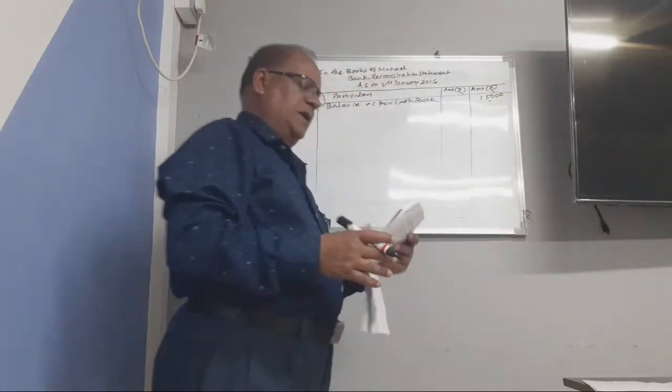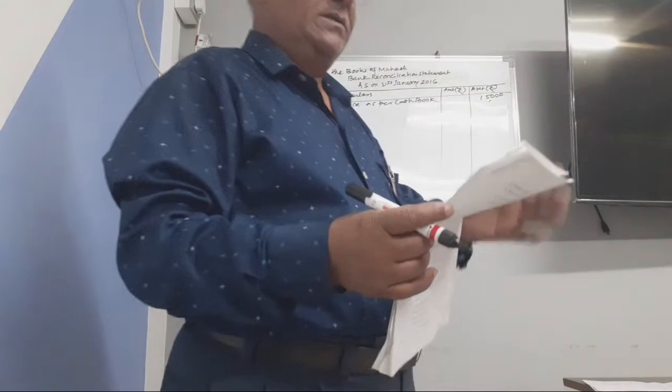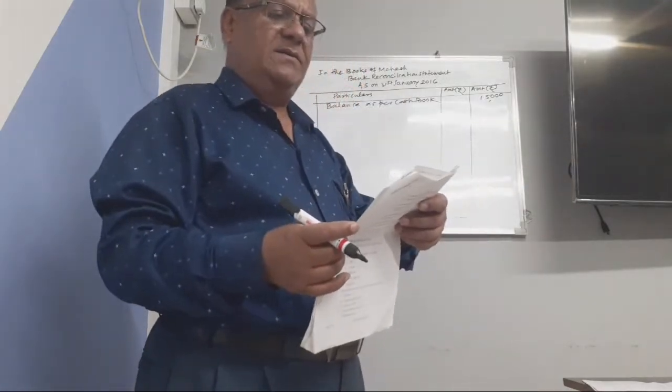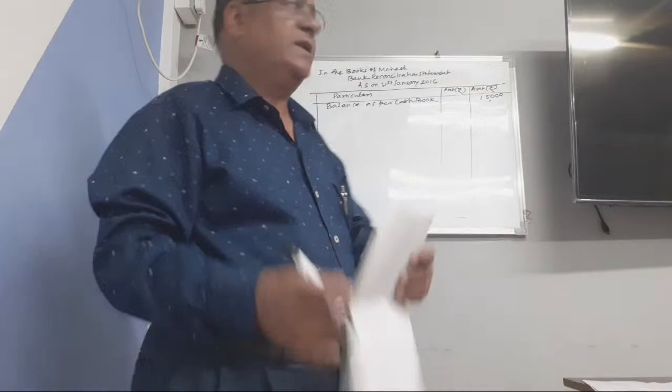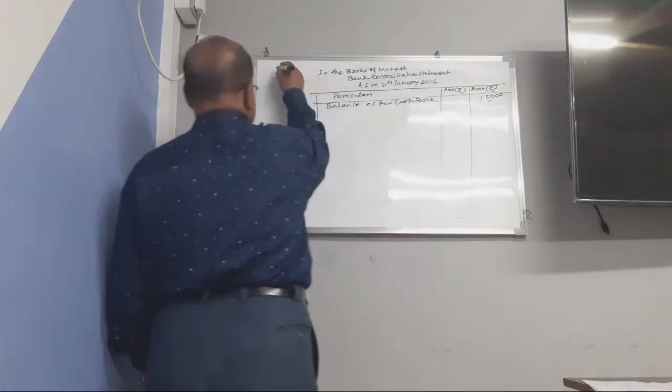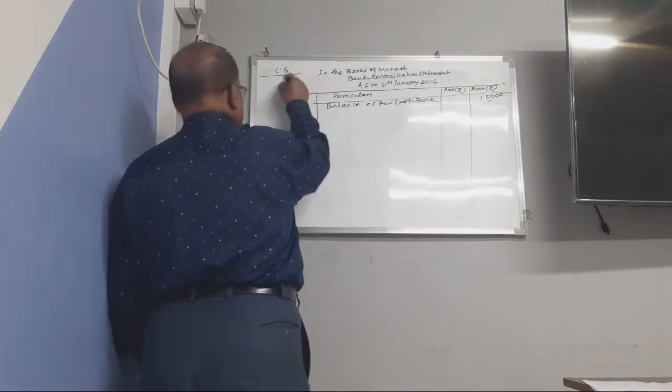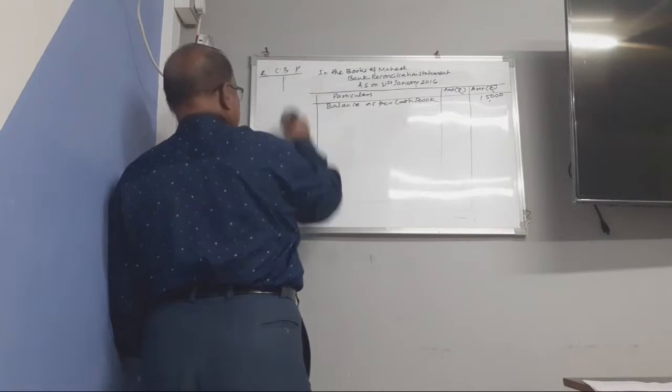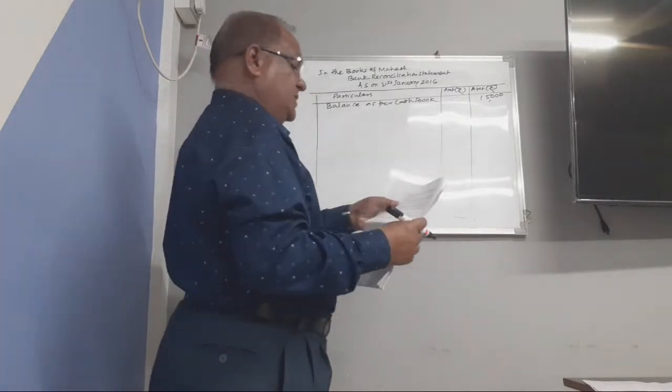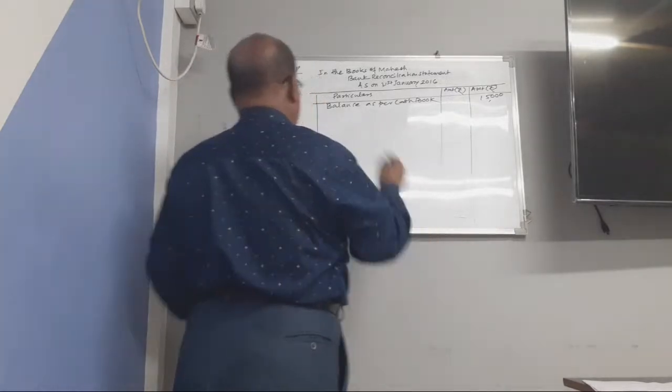Then we have to add and less these things. Check of rupees 4,500 deposited into the bank on 24th, but the same was collected on 3rd February. So here, just see, this is the cash book, this is the receipt side, this is the payment side. Whenever a check is deposited, it comes on the debit side, 4,500.